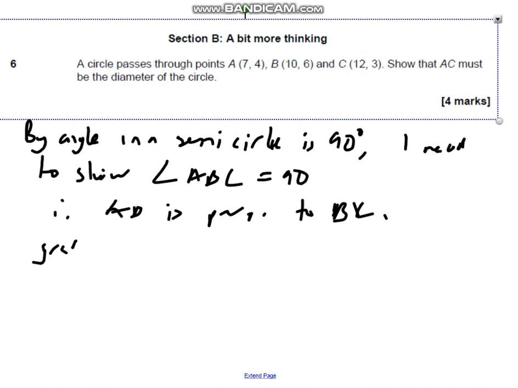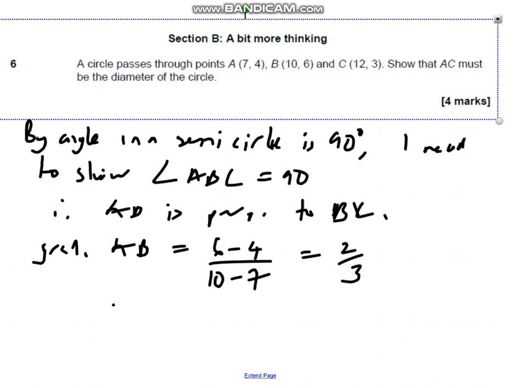So that means that now we can find our gradient of AB. That must be equal to 6 minus 4 all over 10 minus 7, which is equal to 2/3. And our gradient of BC, that's equal to 3 minus 6 over 12 minus 10, that is minus 3 over 2.